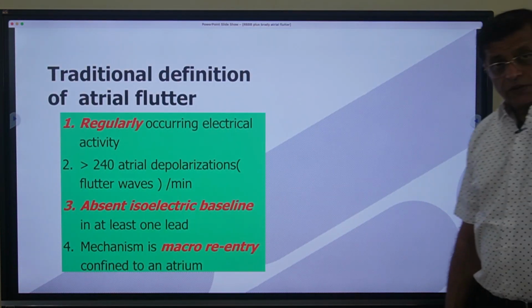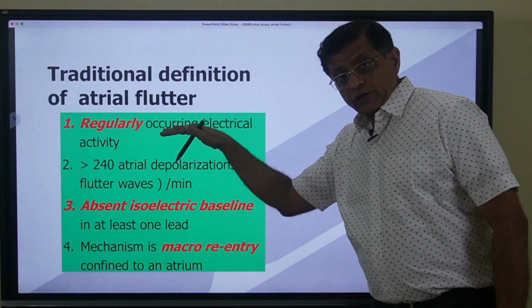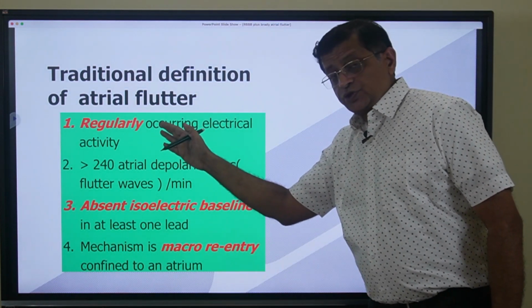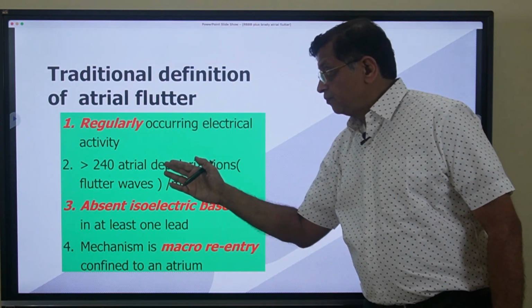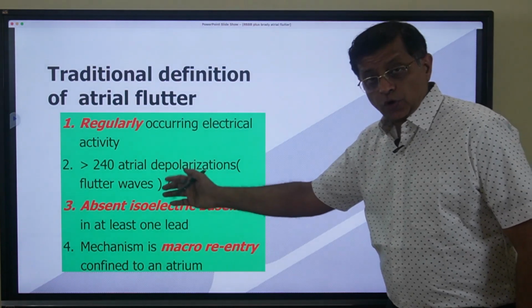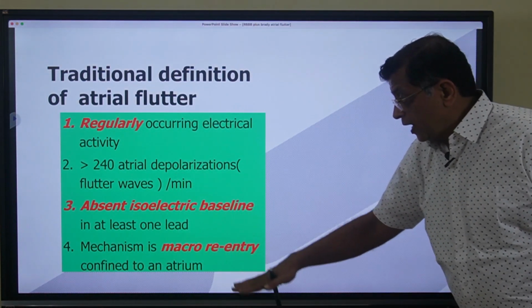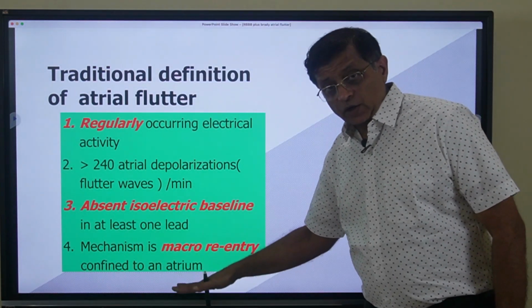The traditional definition of atrial flutter is a regularly occurring electrical activity, which differentiates this from atrial fibrillation, with an atrial depolarization rate of more than 240 per minute, absent isoelectric baseline, and the mechanism is macro re-entry.